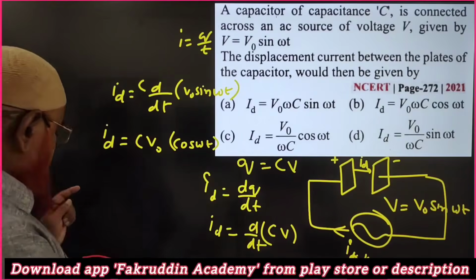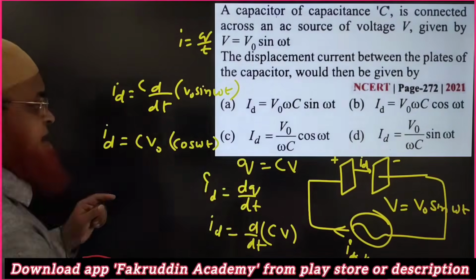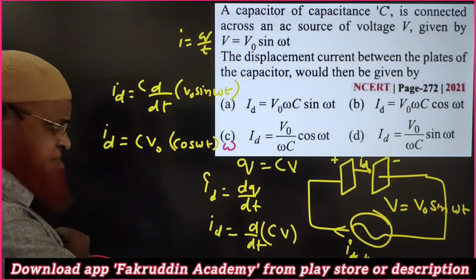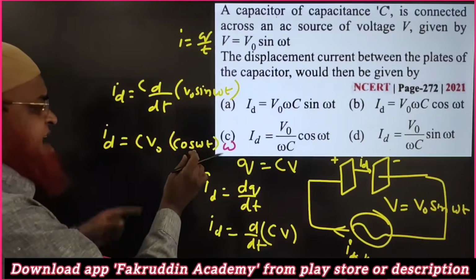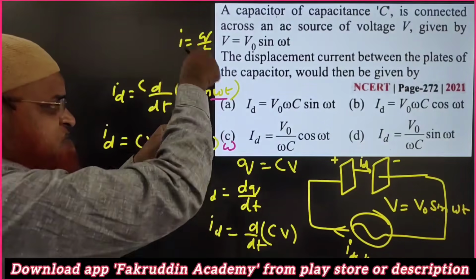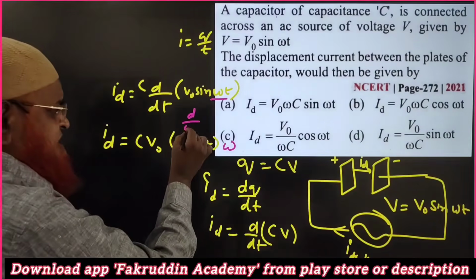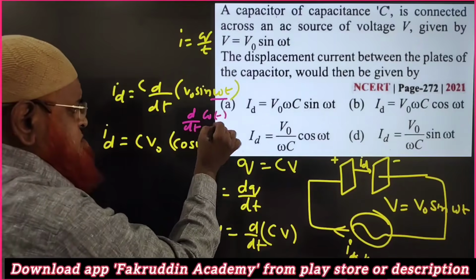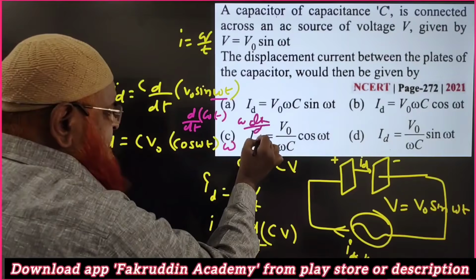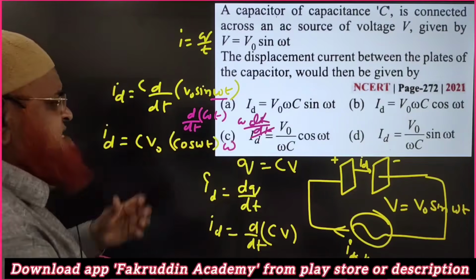And you have to differentiate once again. Omega t also you have to differentiate with respect to time, so you get omega into dt by dt, which is equal to 1. Omega is left.